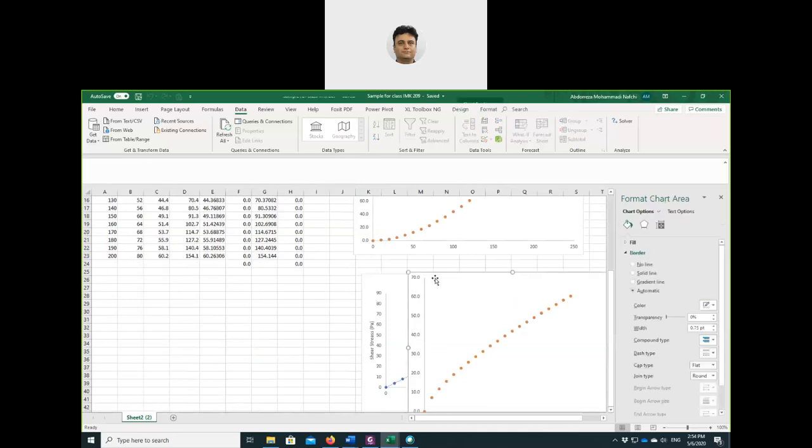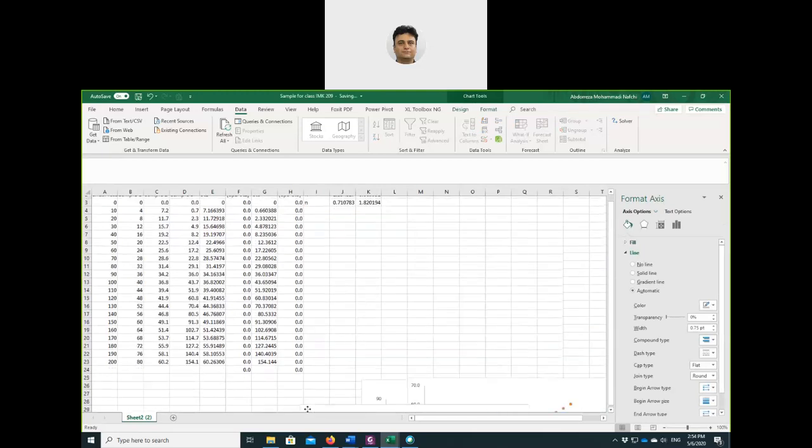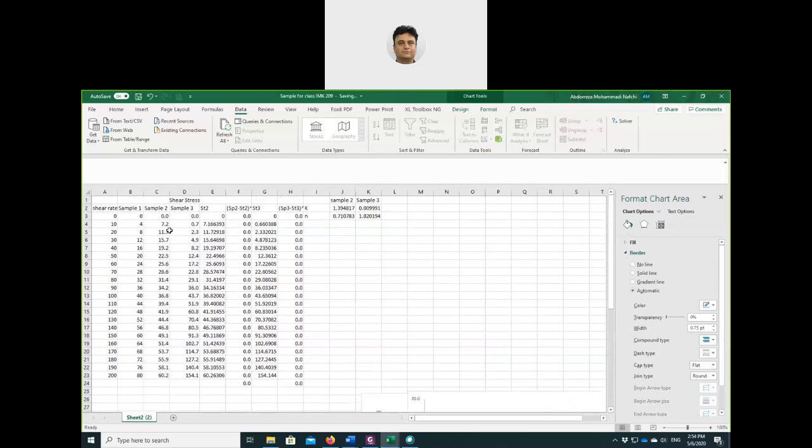If I want to compare these three samples, sample 1, 2, and 3, and recognize which has higher viscosity, in this case I need to draw all of the data in one figure.